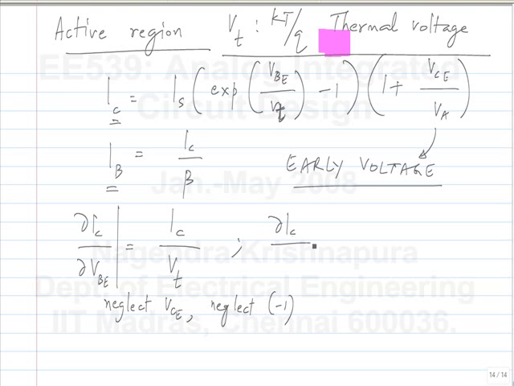And what is this? If you differentiate with respect to VCE, you get 1 over VA from this part of the expression, okay. So it is IC by VA.